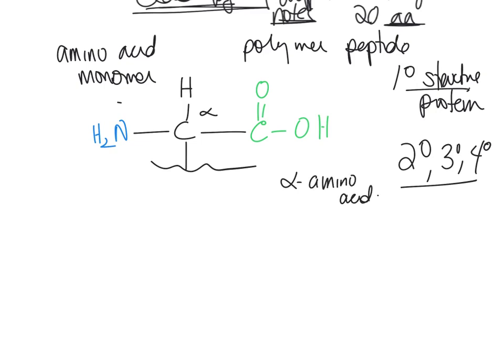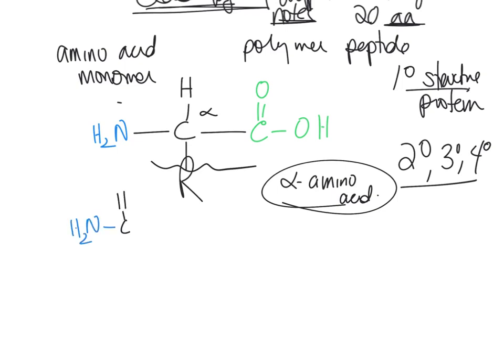You have different R groups that come off the amino acid to make it unique. I want you to draw each one of these out. For each structure, I want to see NH2, then a carbon, then your carboxylic acid, and then your different R group. So if you have a CH3 here, this is called alanine, okay?